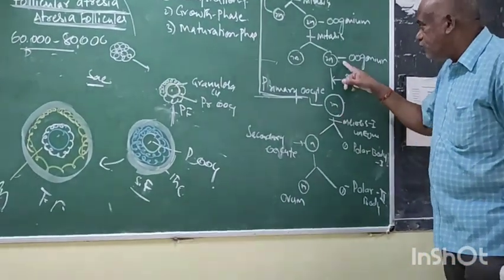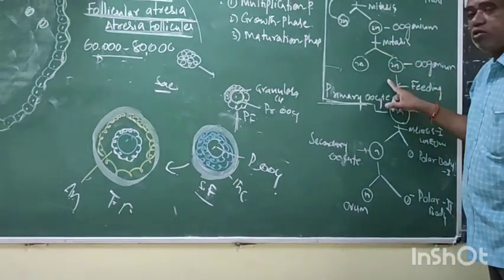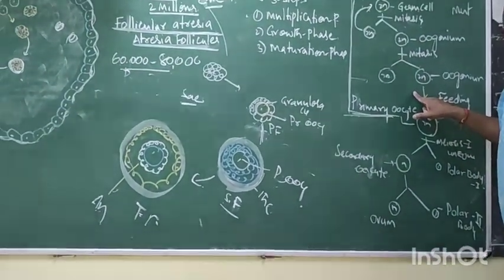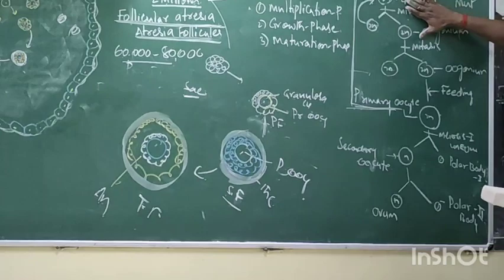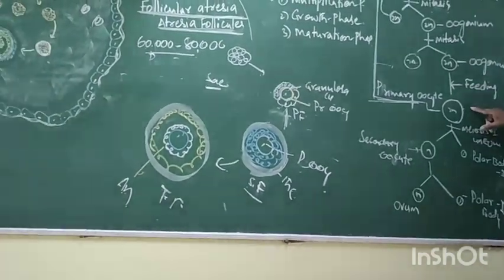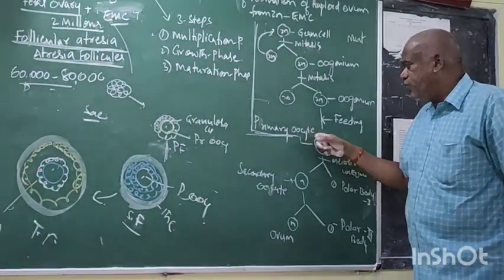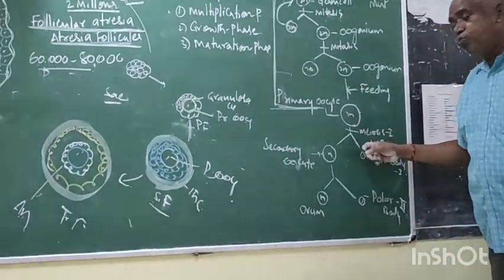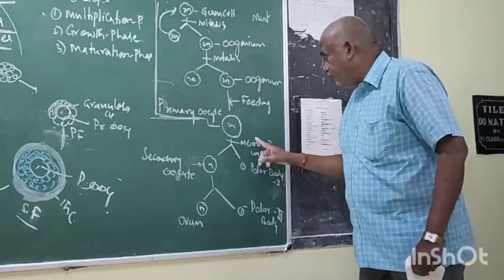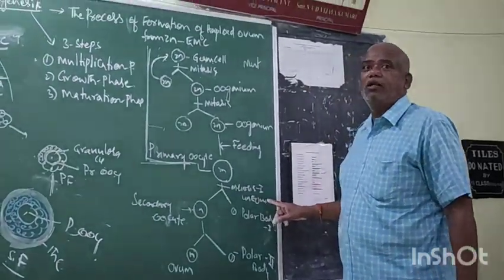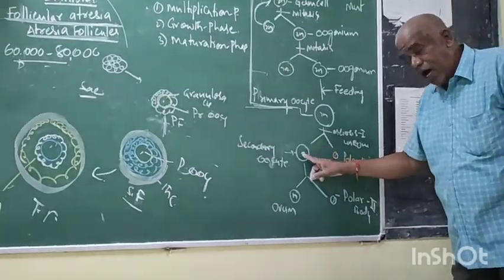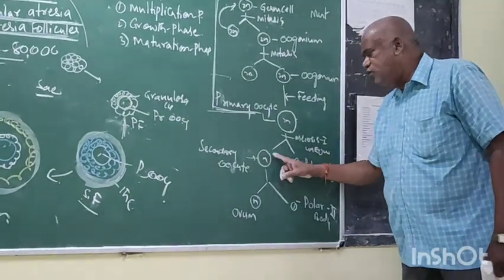Primary oocyte. So this is called the growth phase, as in spermatogenesis. This is called multiplication. This is called the growth phase. After the growth phase, the primary oocyte undergoes meiosis 1 unequally. One is large, one is small.